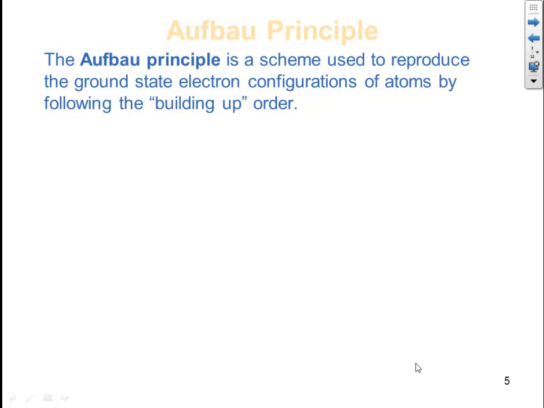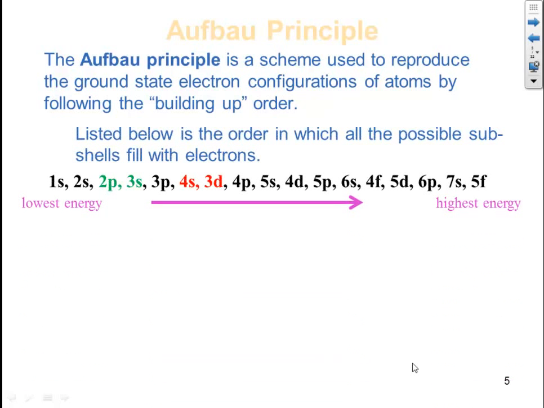The Aufbau principle is a scheme used to reproduce the ground state electron configurations of atoms by following the building up order. Listed below is the order in which all the possible subshells fill with electrons.